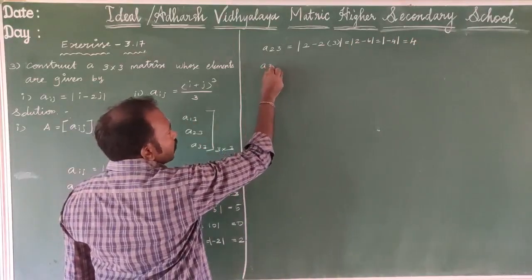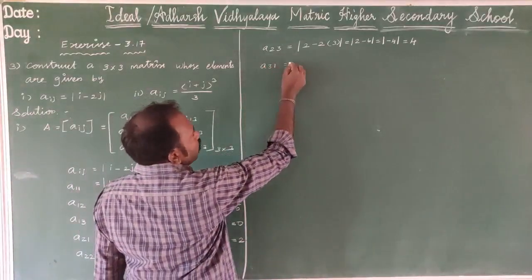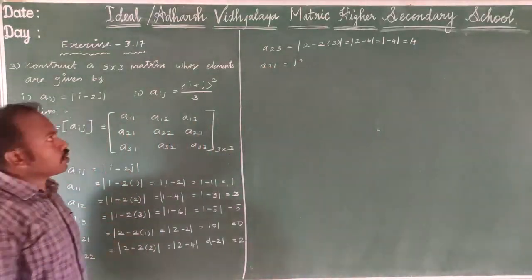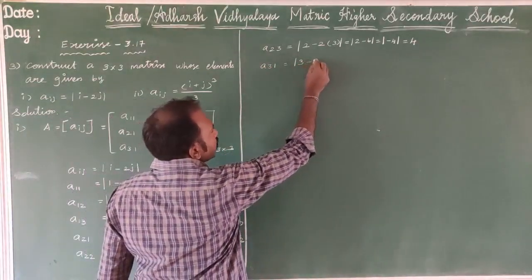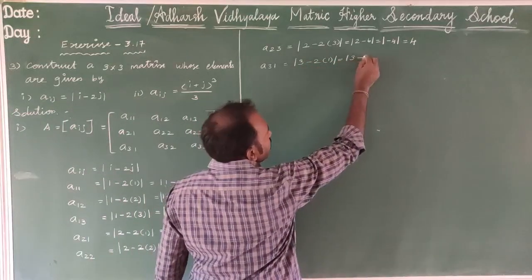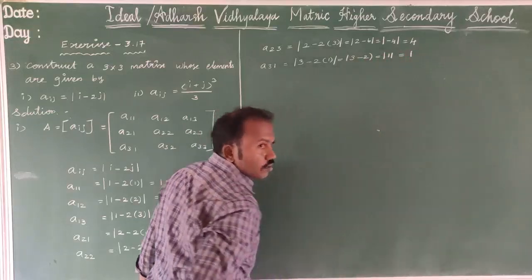Next on third row, A31. A31 is equal to modulus i minus 2j. So 3 minus 2 into 1, that is equal to modulus 3 minus 2. We get modulus 1, that is equal to 1.